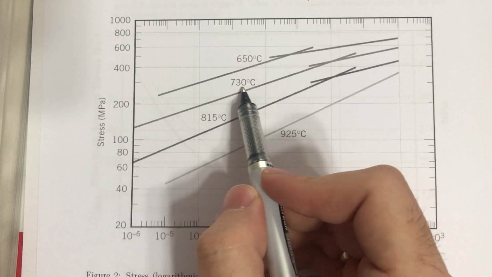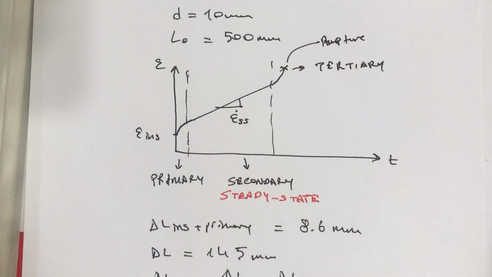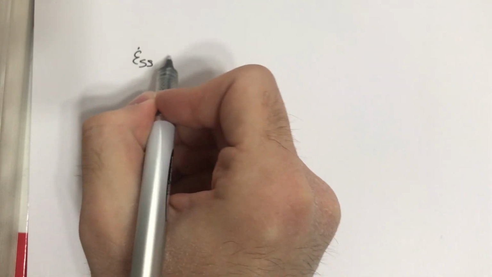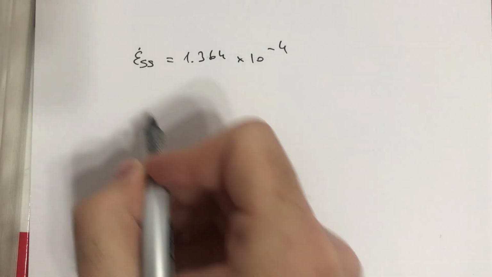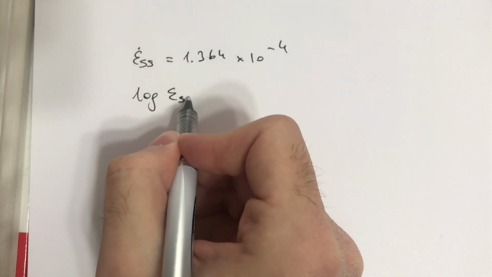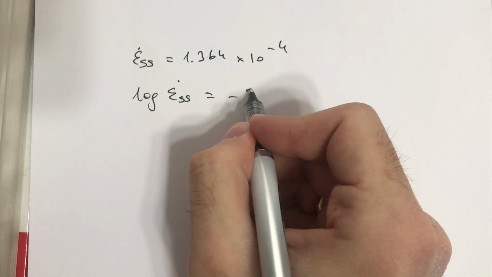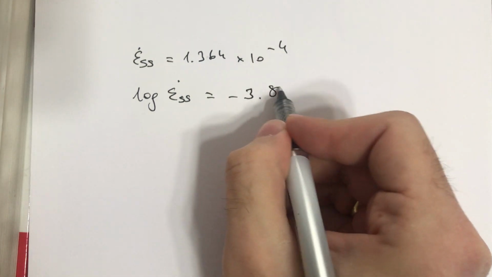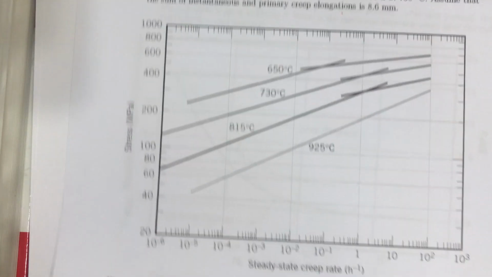Now our temperature is 730 degrees Celsius, and this scale is in logarithmic scale, so for the steady state creep rate of 1.364 times 10 to the power minus 4, we need to take the log of it in base 10. The logarithm of base 10 of this number is minus 3.865.